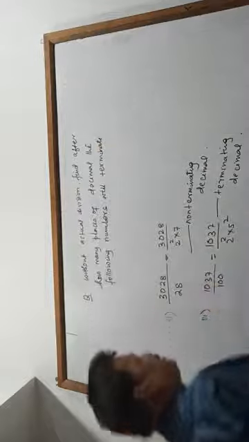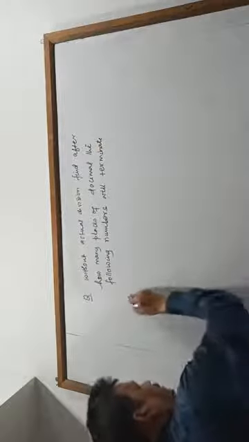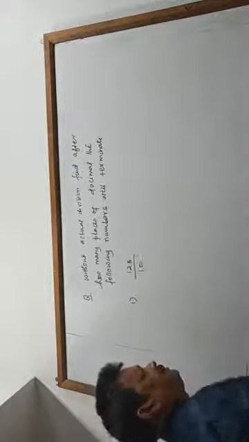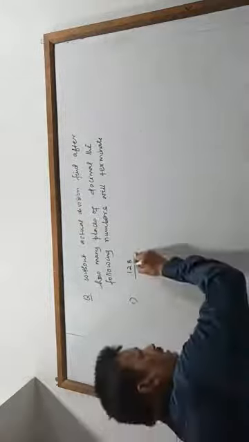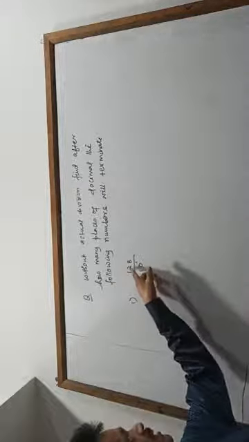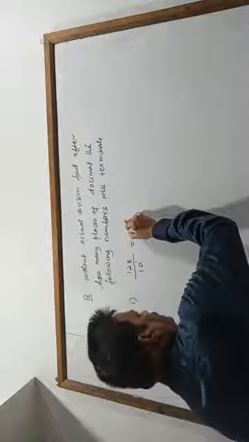We start from a simple question like 128 by 10. 10 means 10 to the power 1. This means after decimal there will be 1 digit. So this will terminate 1 digit after decimal.